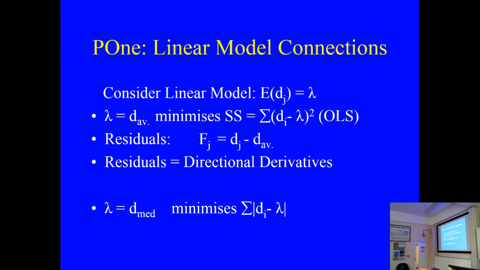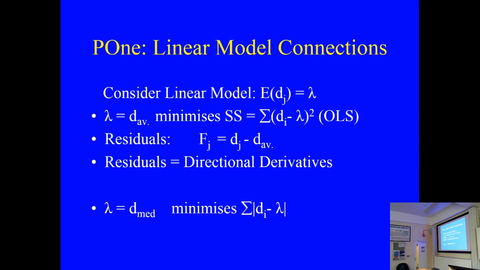And a linear model connection: if we consider a linear model where the d_j's are random variables with expected value lambda, we would know that the average of the d's will minimize an ordinary least squares criterion, so that the residuals would be d_j minus d-bar.